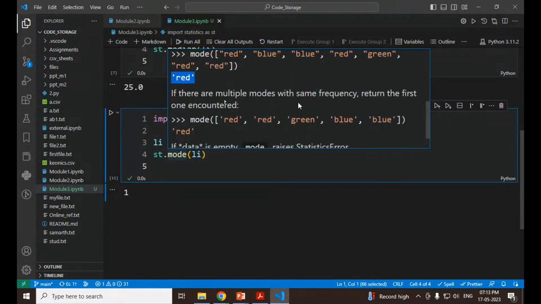If there are multiple modes with the same frequency, it returns the first one encountered. Frequency means the number of times the data arrives. We are in the same case presently.